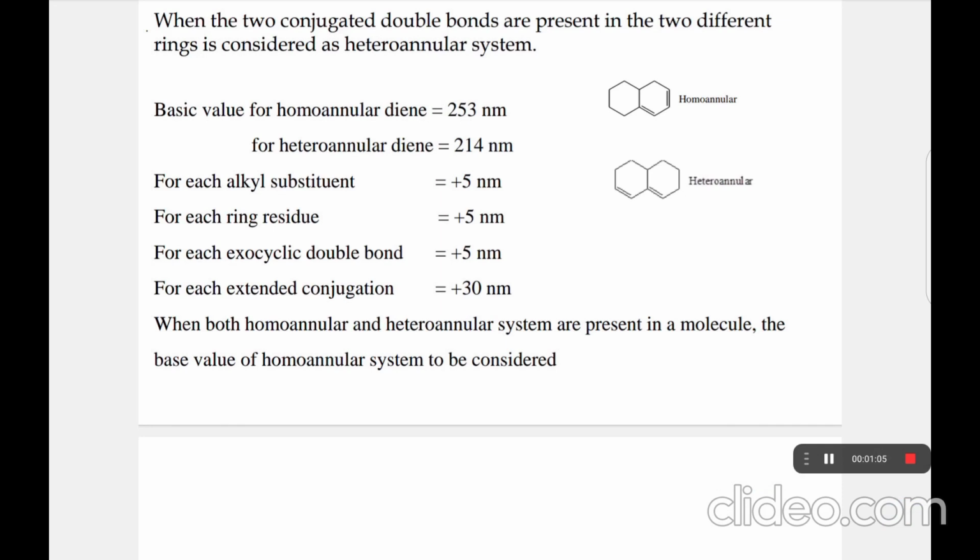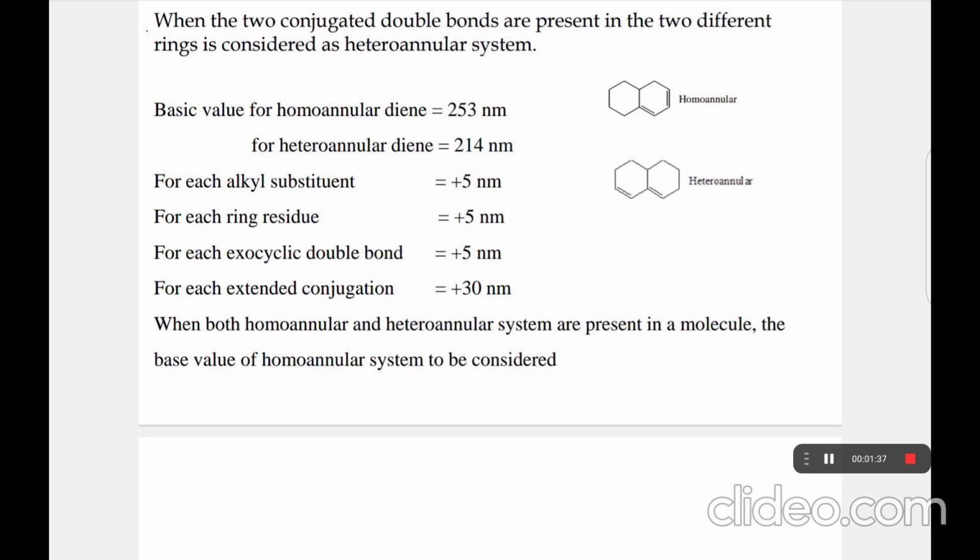For each alkyl substituent, you have to add 5 nanometer. For ring residue, we add 5 nanometer. For exocyclic double bond, okay. In the homoannular ring, the double bond present at the junction of the two rings, we consider as an exocyclic double bond. Similarly, in the heteroannular ring also, at the junction of the two rings there is one double bond, and we consider it as one exocyclic double bond present in this compound.